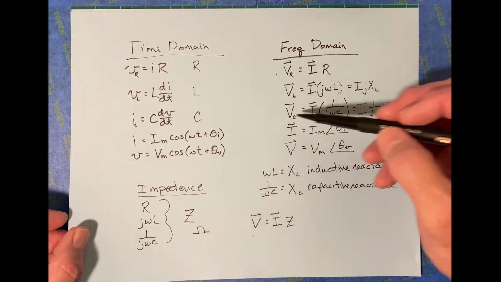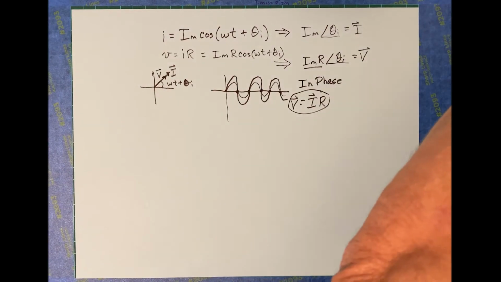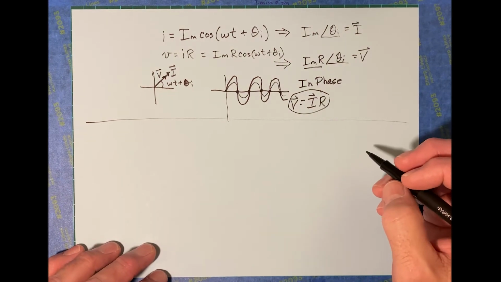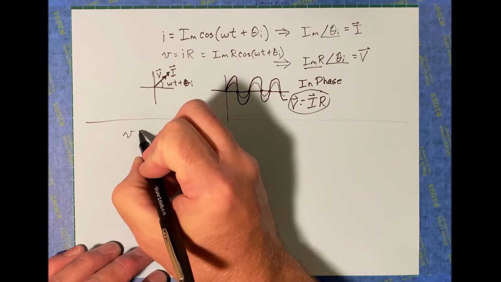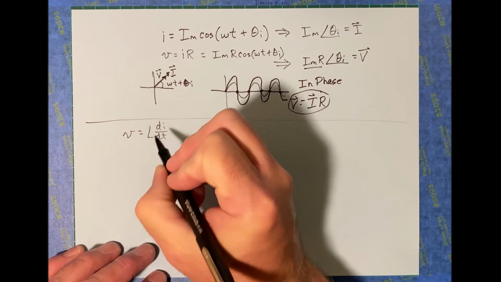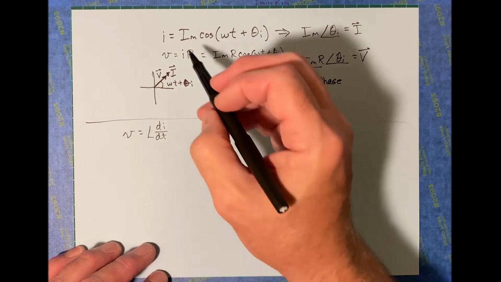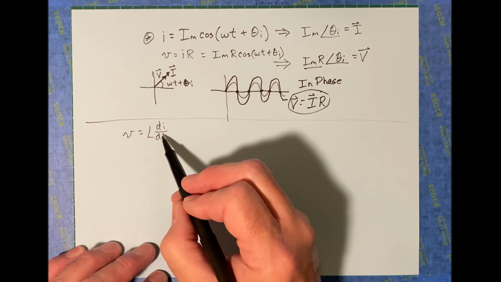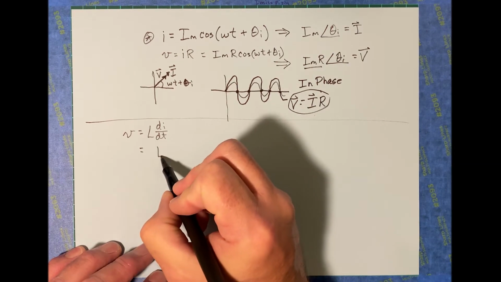Now, for the inductor and the capacitor, it's a little bit more complicated, like I said, but the same idea holds. So let's look at what it looks like for the inductor. v for the inductor is going to be L di dt. Okay, well, if we take this same i right here and plug it in down here and take the derivative, let's see, what's that going to be?